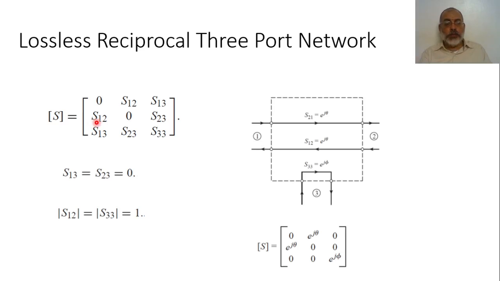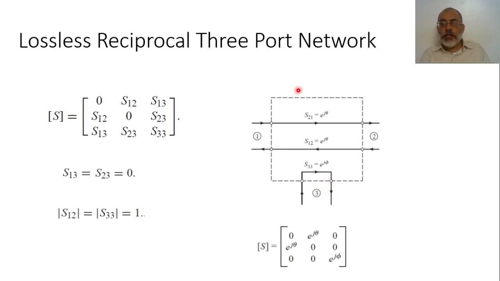Actually, this means that all the power going from port 1 will go to port 2, and all the power going from port 2 will go to port 1. This means that the connection between port 1 and port 2 is simply a transmission line section. On the other hand, all the power going from port 3 would be reflected. This means that port 3 is simply connected to a short circuit, for example, or open circuit.